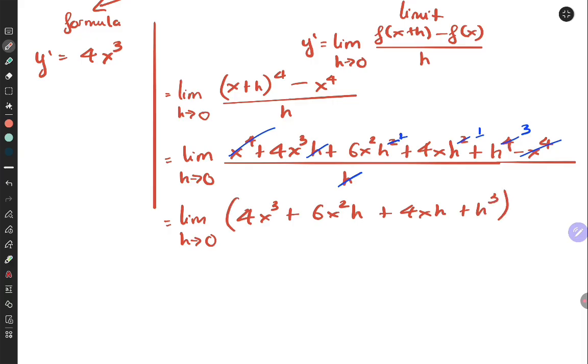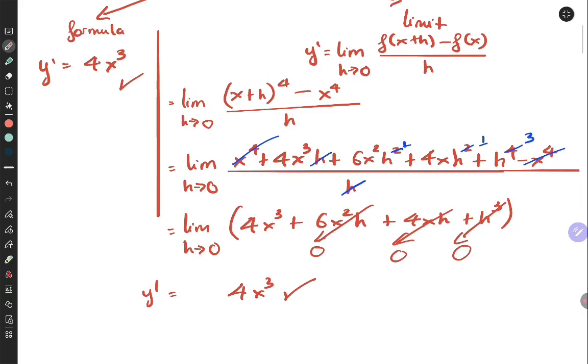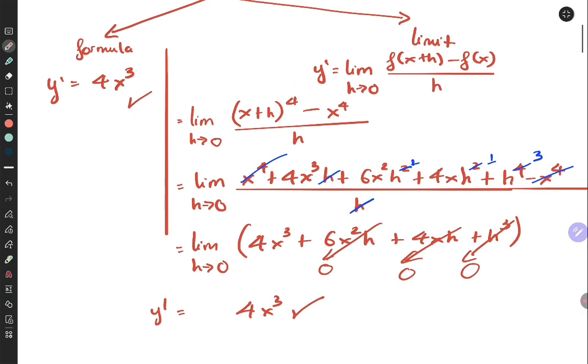Okay, h goes to 0. Basically 0, 0, 0. There you go. That is the derivative. Check that, it's consistent with the power rule. Yes, that is actually what happened right here.